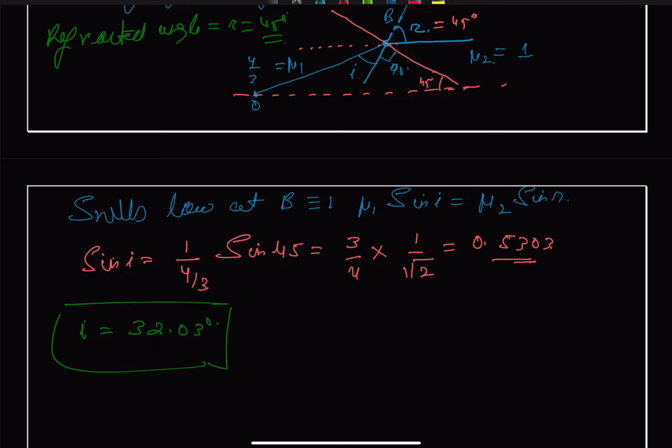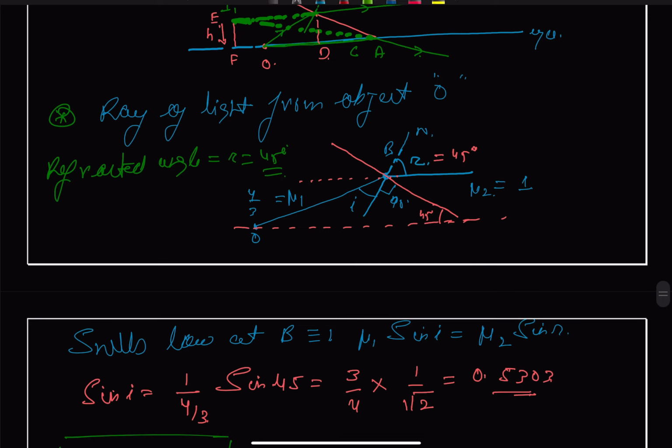Now we can use this point, we call this as A. So this is our point A. So we can use triangle AOB.